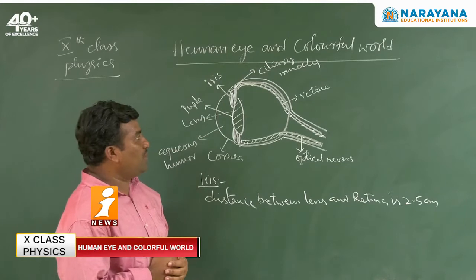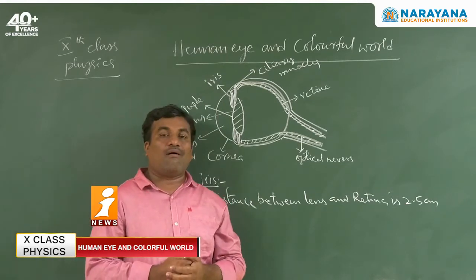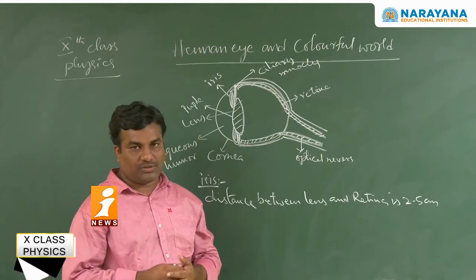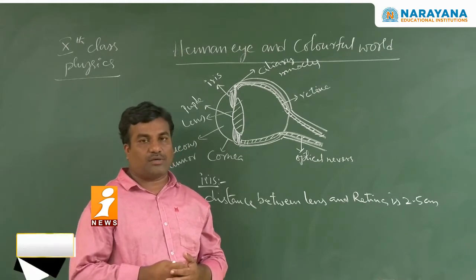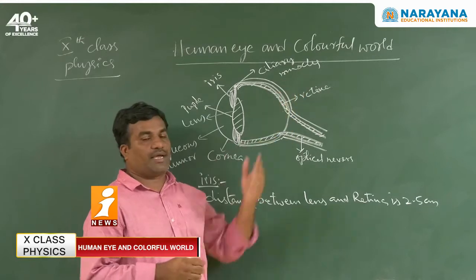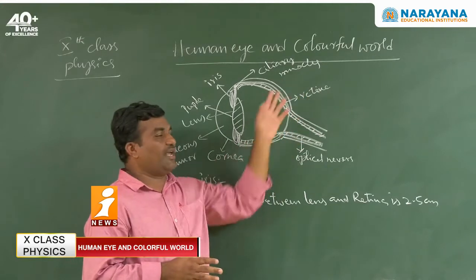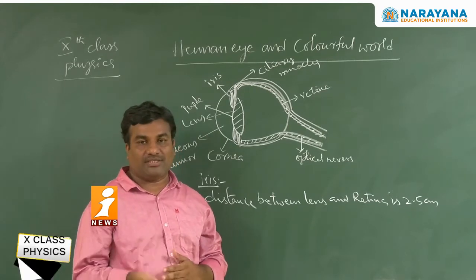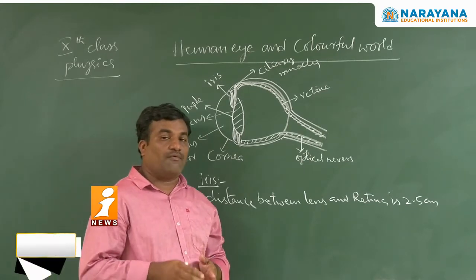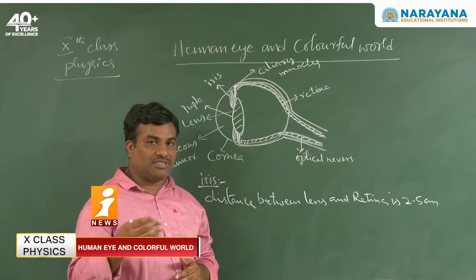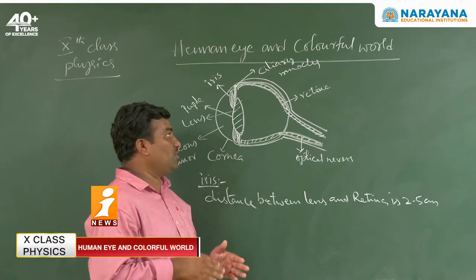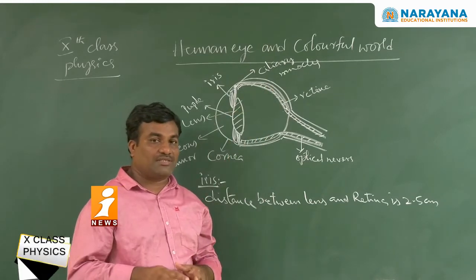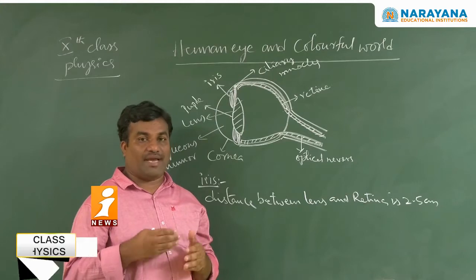So we can see long-distance objects. When you focus on long-distance objects, the ciliary muscles do not strain, they are relaxed, and the focal length is maximum. The distance of the object is not the focal length; rather, the ciliary muscles are relaxed and the focal length of the eye lens is maximum.